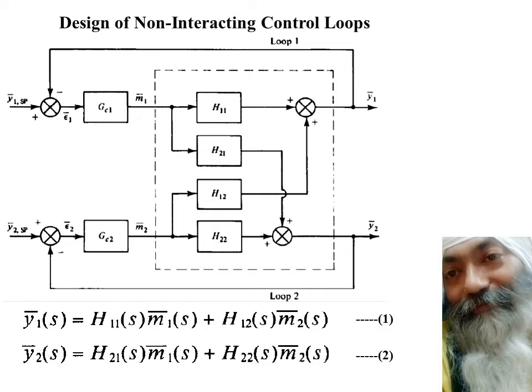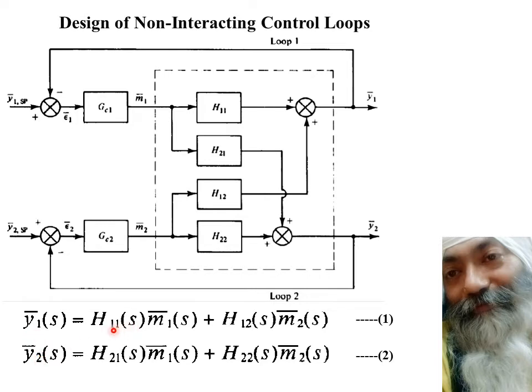As we had seen earlier also, this y1 is nothing but the sum of m1 into h11 plus m2 into h12. Similarly, y2 also follows, and you have a very simple trick. The trick is you replace 1 by 2.